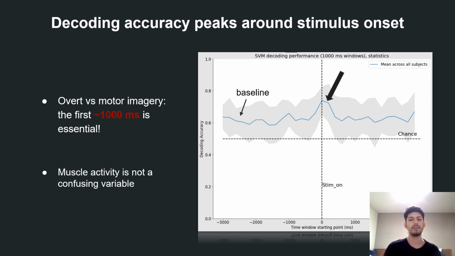Therefore, neural activity in the first 1000 milliseconds during the motion planning is essential for distinguishing overt movement from motor imagery. Also, interestingly, after the first 500 milliseconds, during which the explicit movement must be performed, the decoding accuracy is not significantly different from the baseline level. This indicates that muscle activity is not a confounding variable to decode the imagery and overt movement in our data.